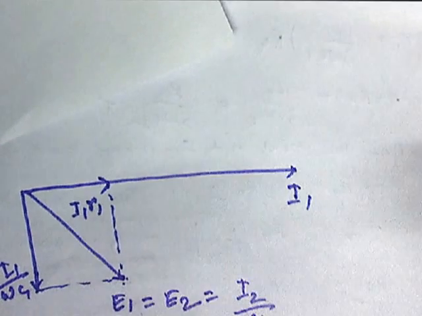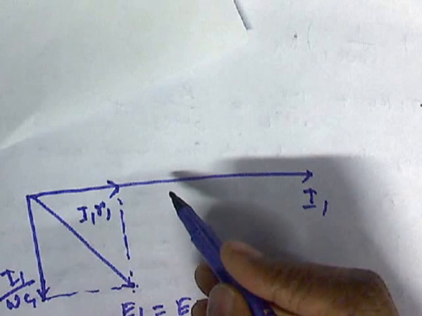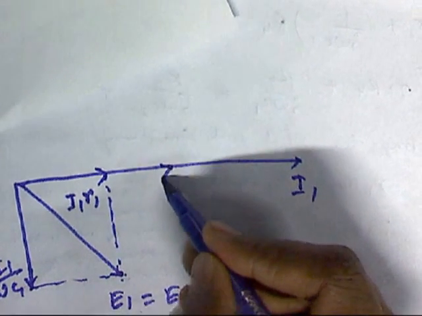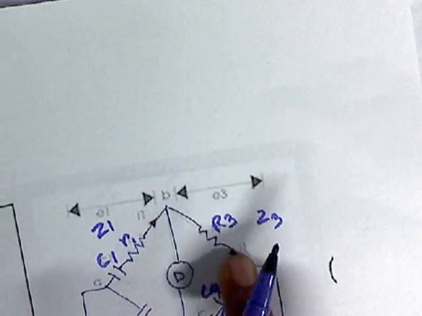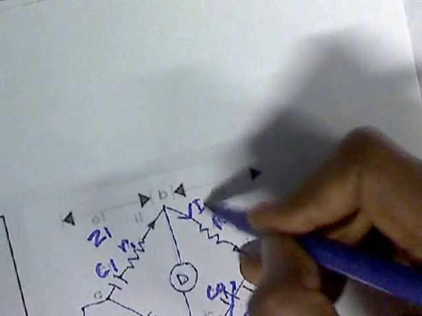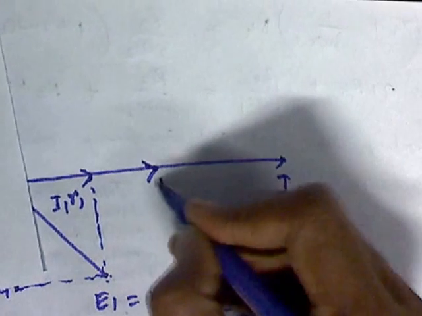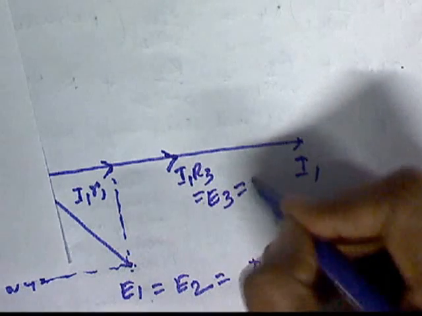Next is I1 R3, which is E3, and it must be equal to E4.